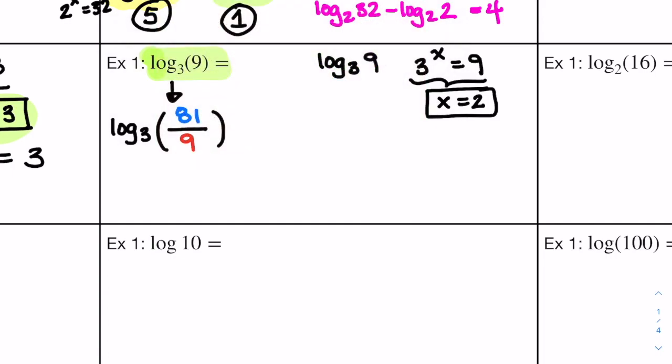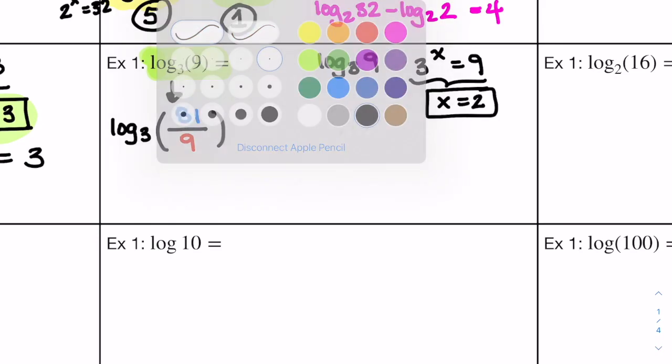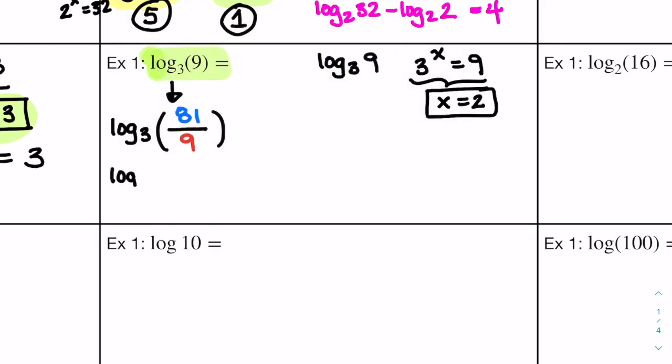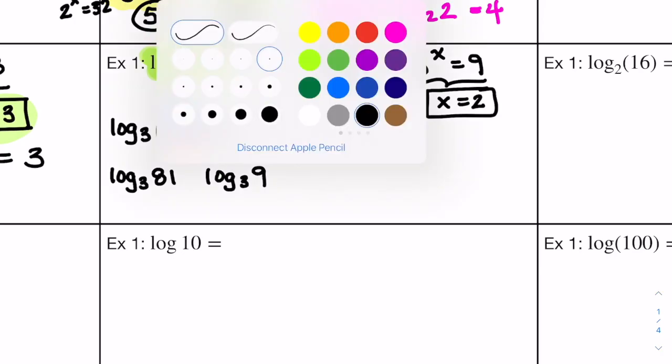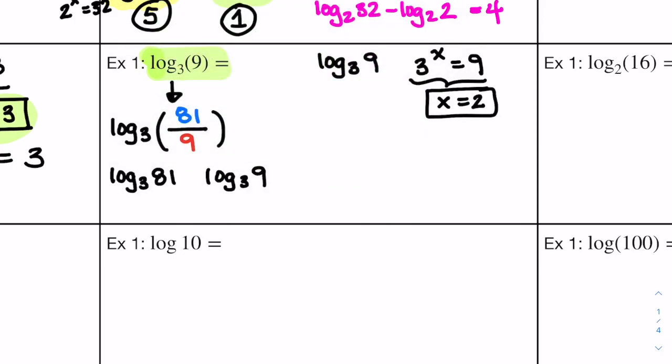And if I split this up, I'm going to have to figure out what is log base 3 of 81 and what is log base 3 of 9. So if I just think for a second, I'll be like 3 to what power is 81? And again, if you know your powers well enough, that'll be 4. This one is 3 to what power is 9?